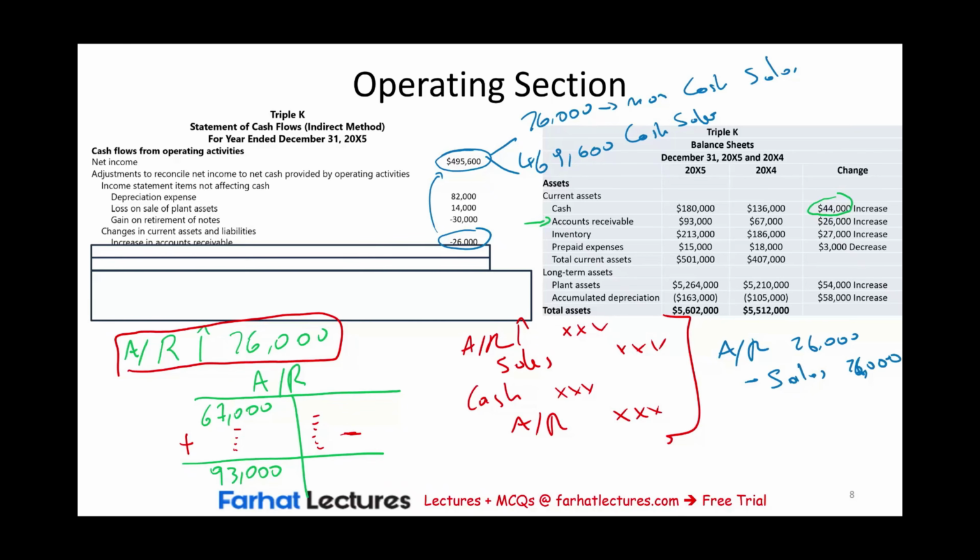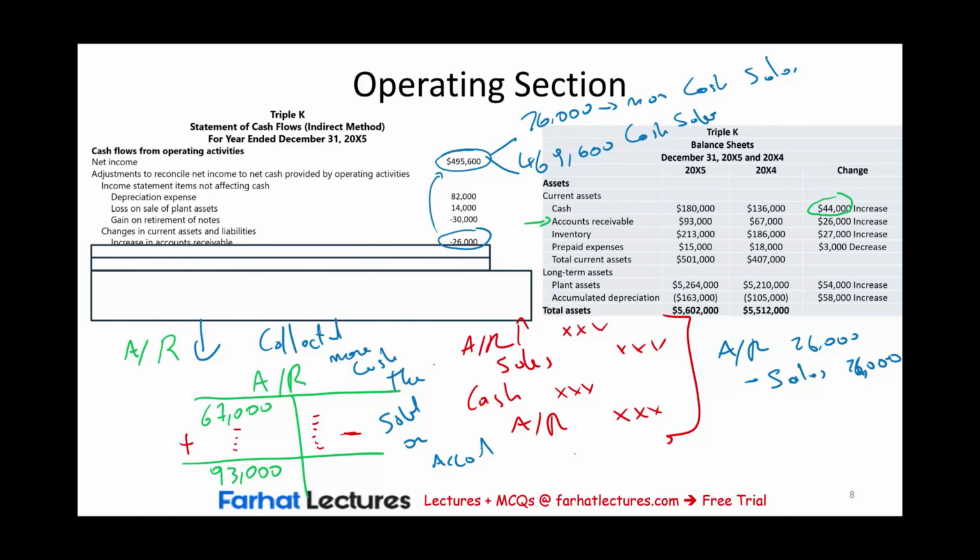Now, if the opposite would have happened, if my account receivable went down overall, it would have been the opposite. If my account receivable went down, it means I collected more cash than sold on account. What does that mean?